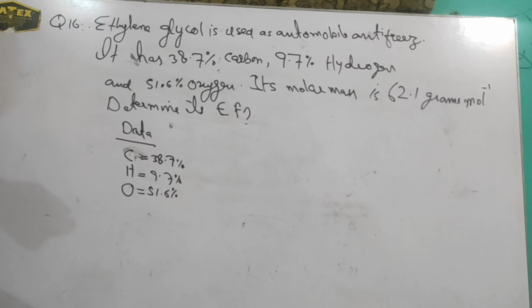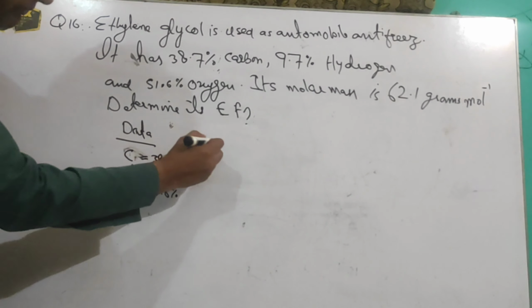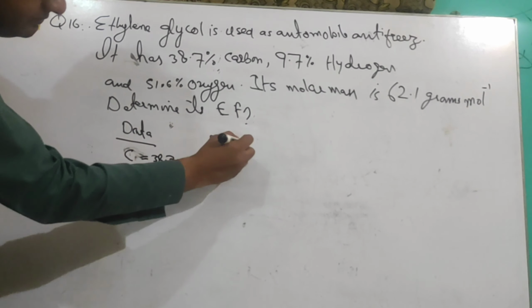Now we have to find out the empirical formula. The fourth step is to calculate the mole ratio. For mole ratio, we have to divide the percentage by the atomic mass of that element.